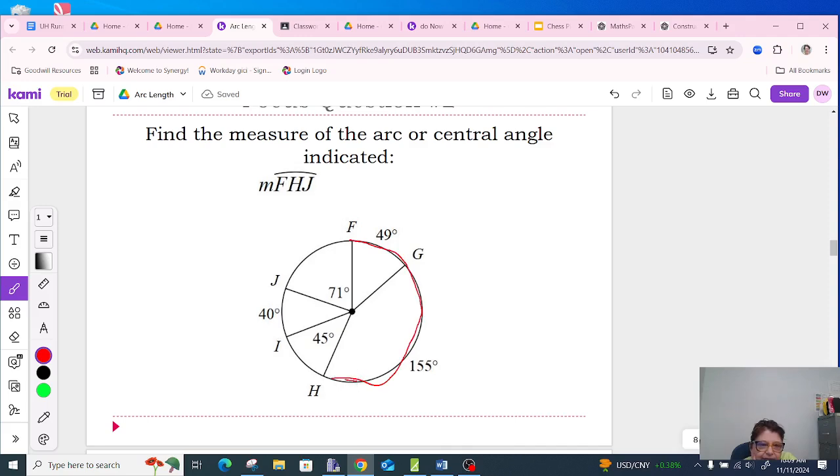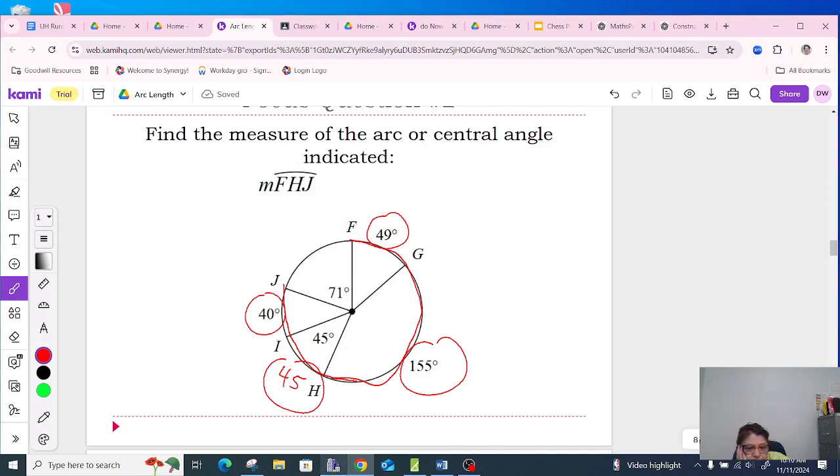Sorry. Yeah, and I had to go in order. F, then H, then J. It wouldn't be this one. It's around the outside. So 360 minus, or it'd be 49, 155, 45, 40, or you could just subtract the 71 from 360, and either way you should get the same answer.